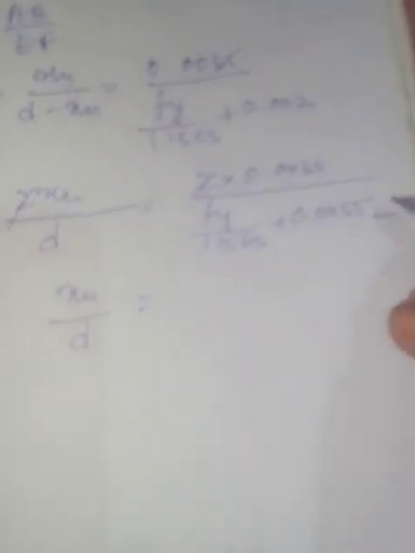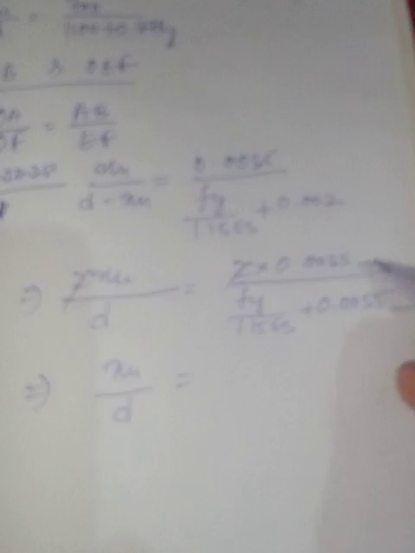We are getting Xu ratio d is equal to, see, if we take LCM, Es will be multiplied, and at the top it will be coming.